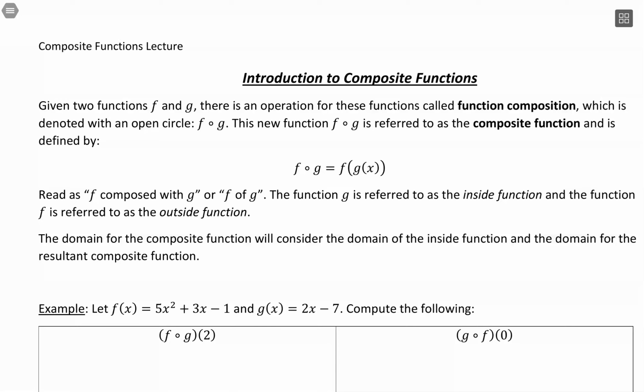And with this, we'll have some new notation with this open circle between the two function names. So how you could read this is f composed with g, but what I often use is calling this f of g. Like how we say f of x, we would have f and then parentheses with our input of x.